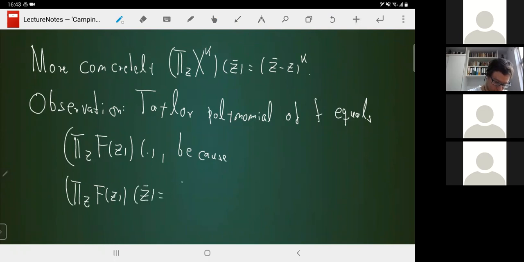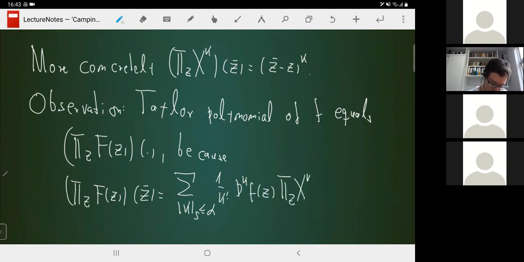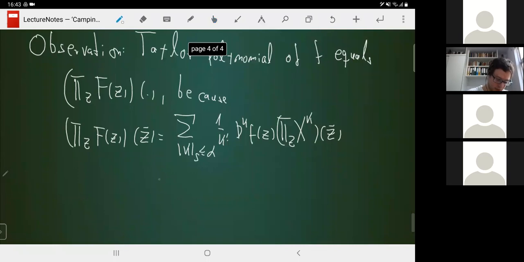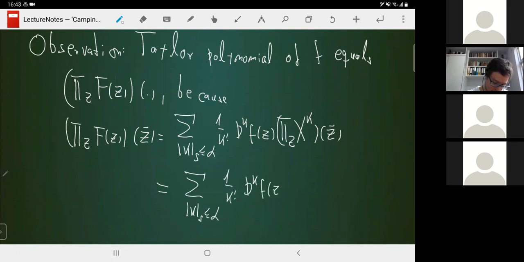By linearity, it's the sum over all k of alpha, 1 over k factorial, the k-th derivative, pi z of x to the k at z bar. By our definition of pi z, this turns out to be the sum of d^k f of z times z bar minus z to the k. So that's the Taylor polynomial of f centered at z.